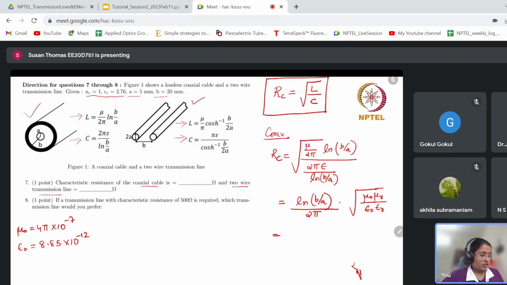So now we know all the values. Can we get the answers?